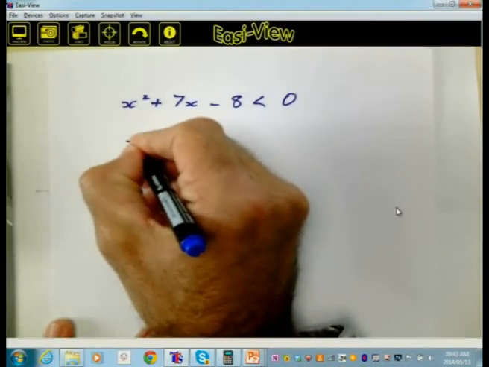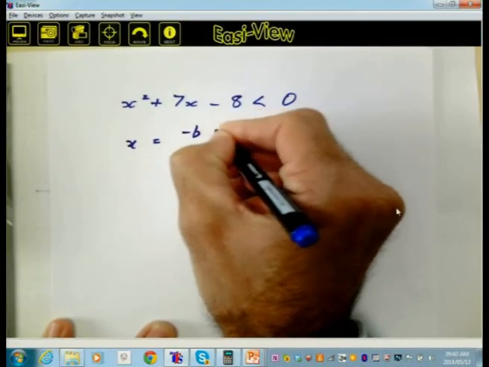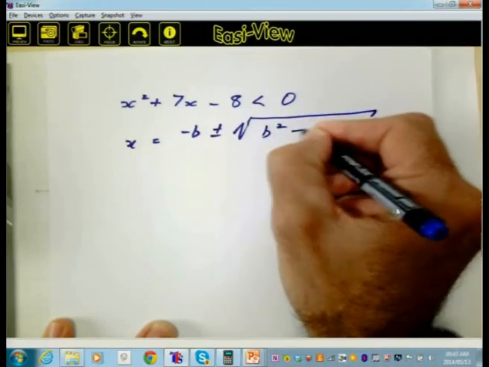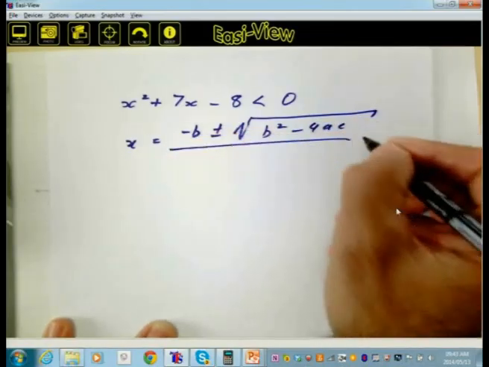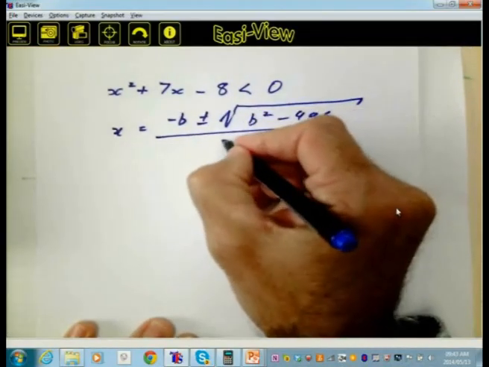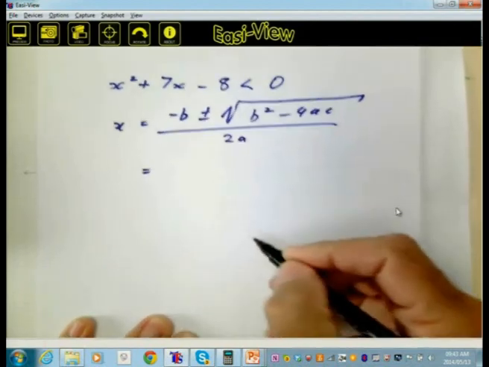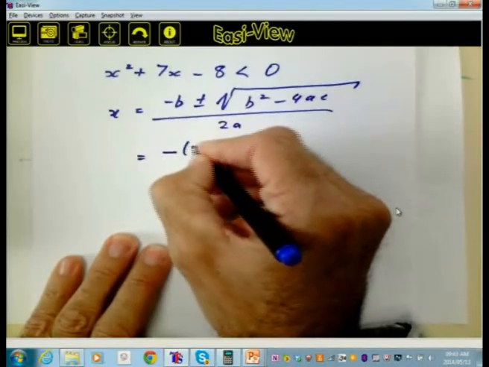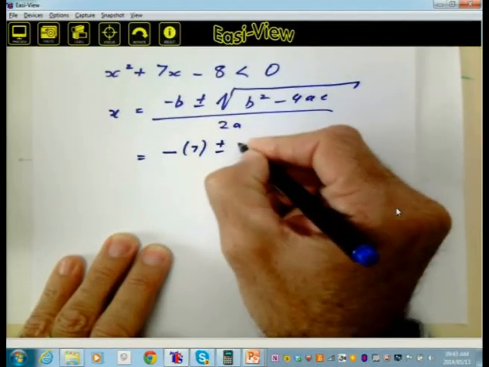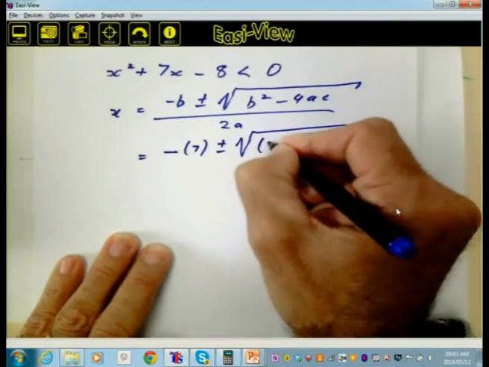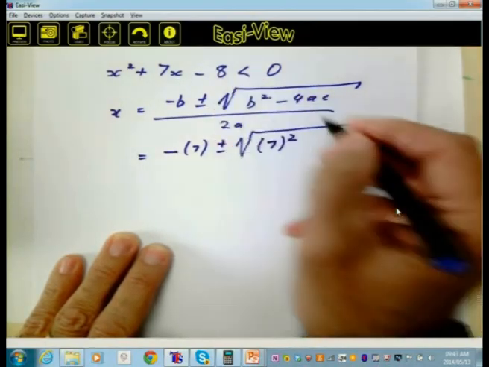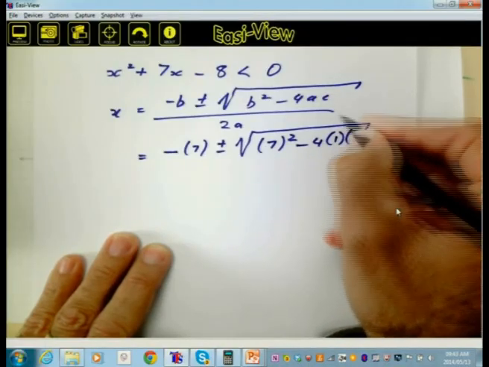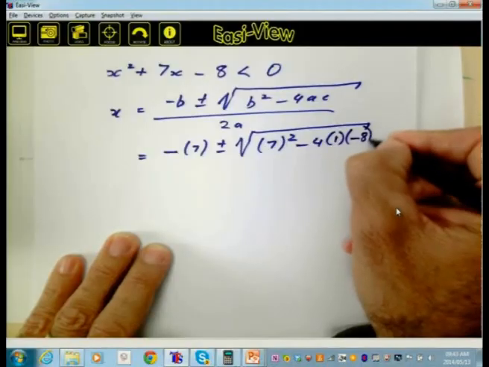So we can say x equals minus b plus minus the square root of b squared minus 4ac, all of that on 2a. And now we substitute, and we say that it is minus, what is b? b is 7 in brackets, plus minus the square root of 7 squared, because b is 7, minus 4, a is just 1, and c is minus 8.